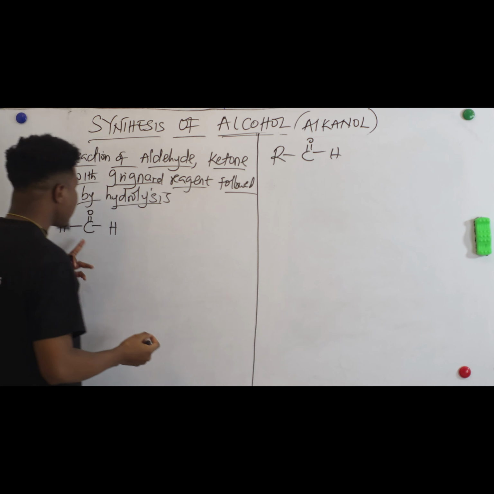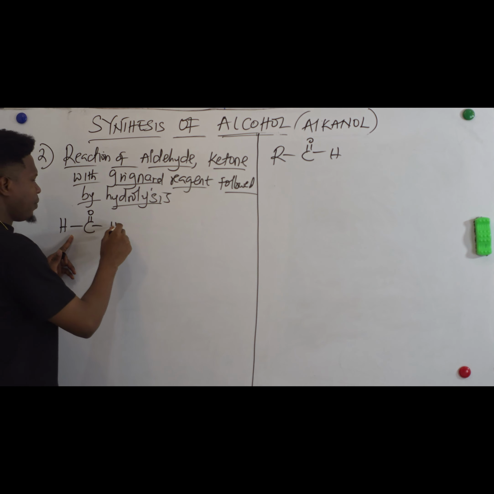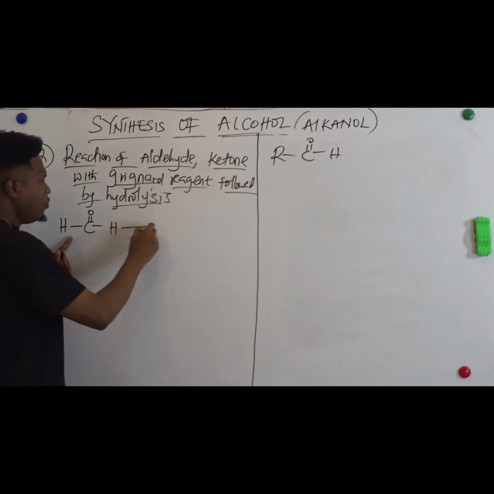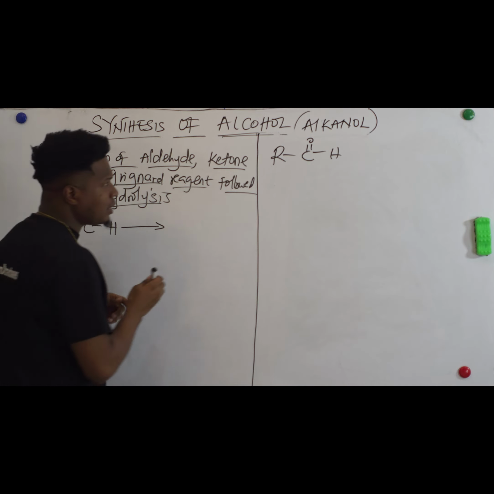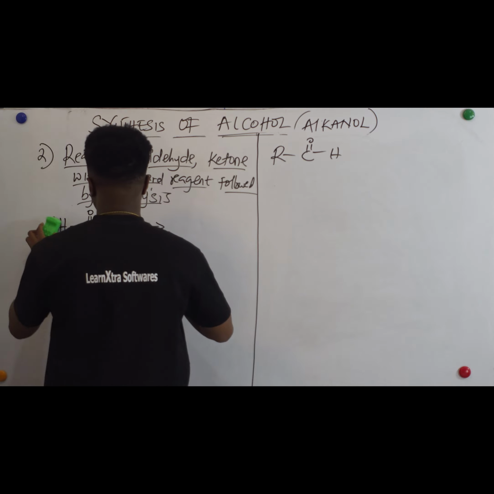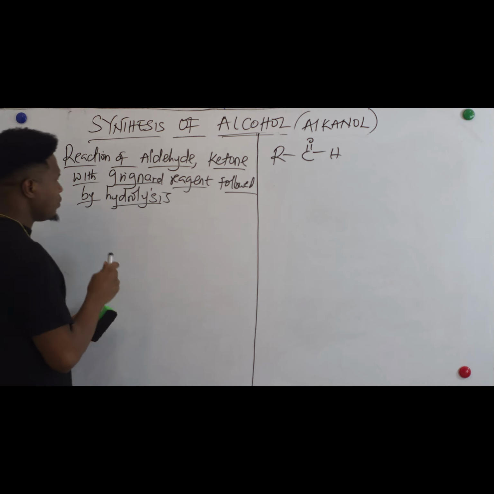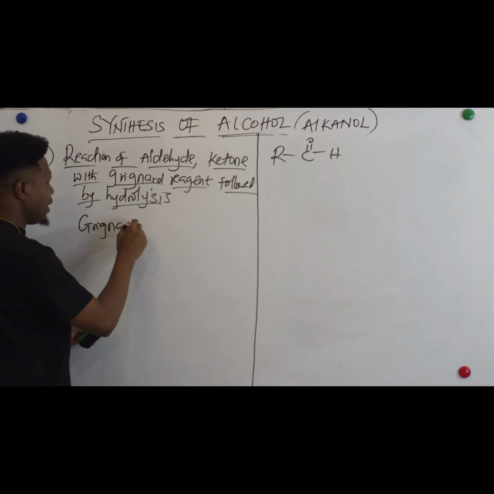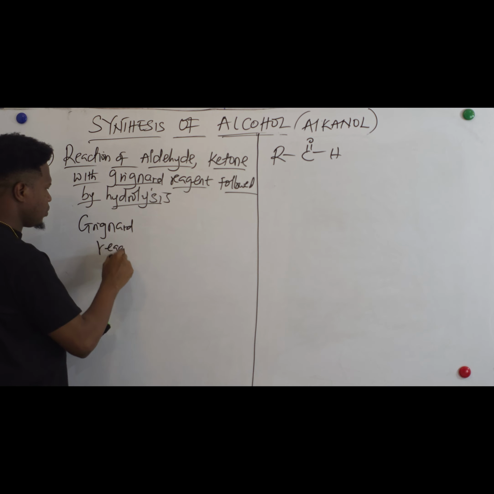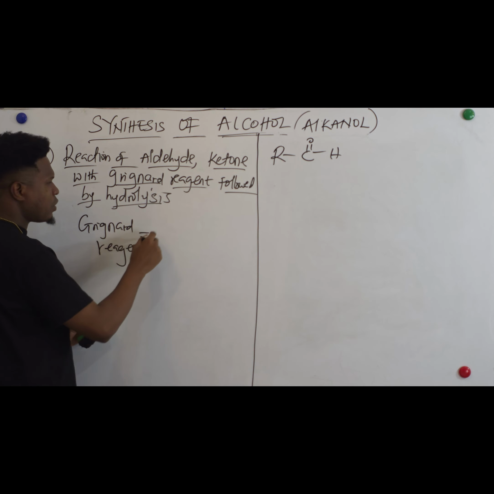So the first member of the aldehyde, if you react it with a Grignard, first of all, before we talk about Grignard, I hope you know that a Grignard reagent can be represented as what?